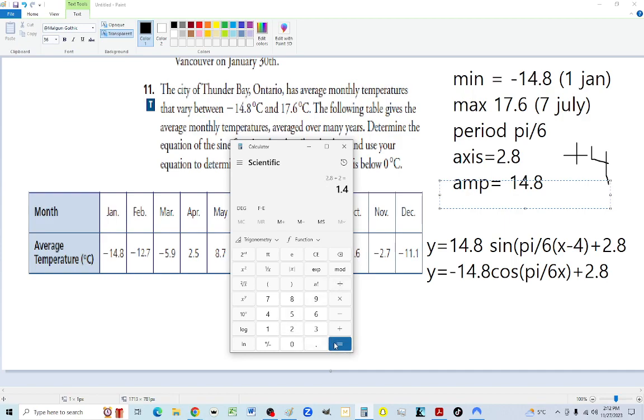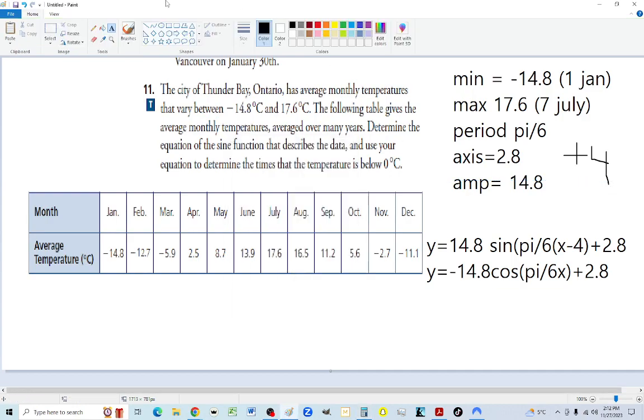The axis is 1.4, which means my amplitude is going to be wrong as well, which means my amplitude is 16.2.